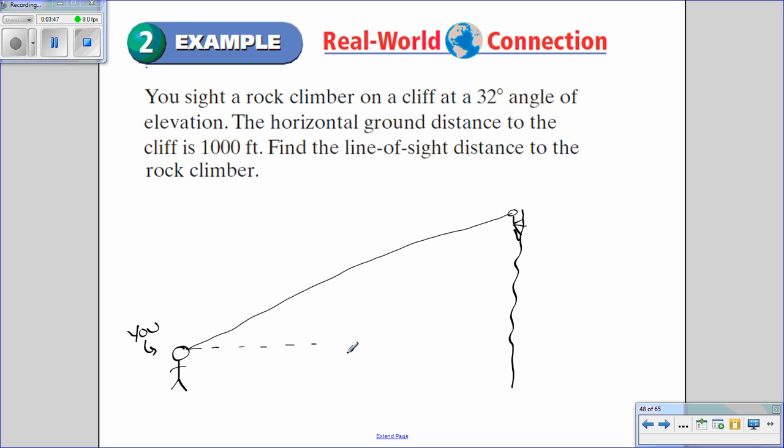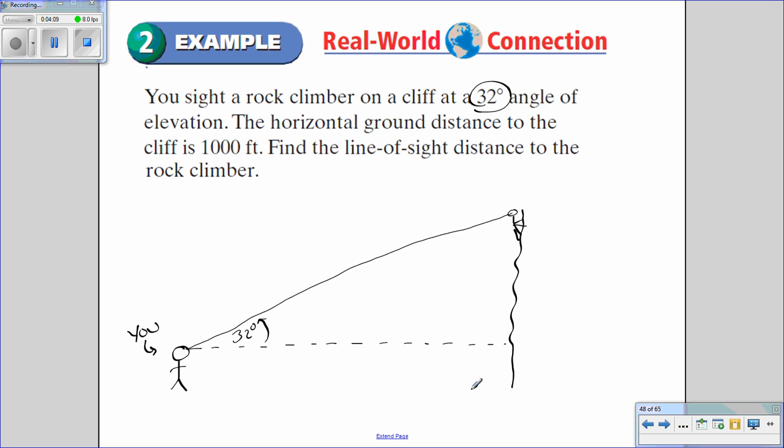Remember, you have a horizontal distance created by that horizontal line from your eyes. This angle is the angle of elevation, which is 32 degrees. It says the horizontal ground distance to the cliff is 1,000 feet.